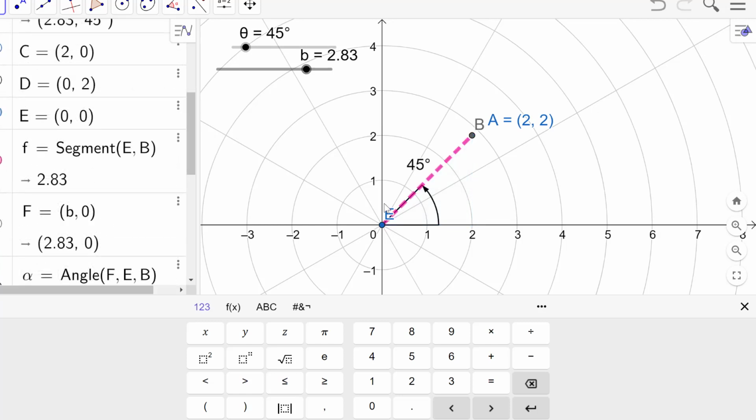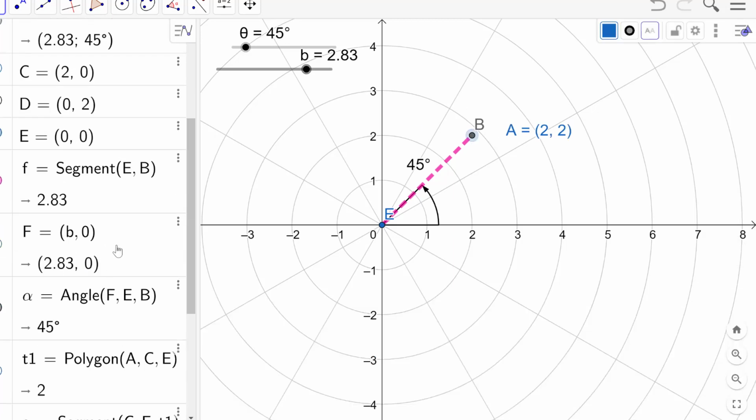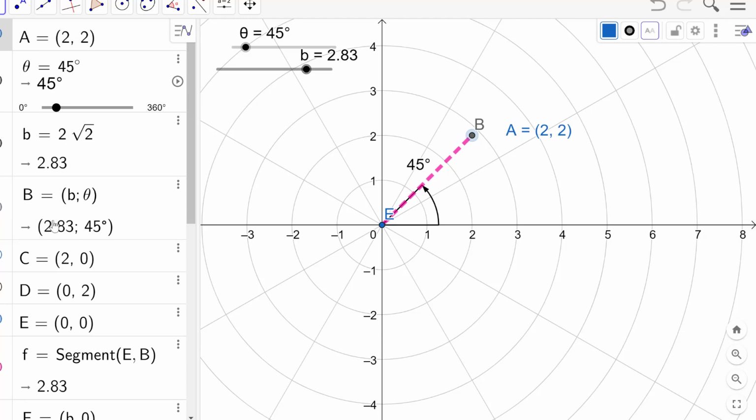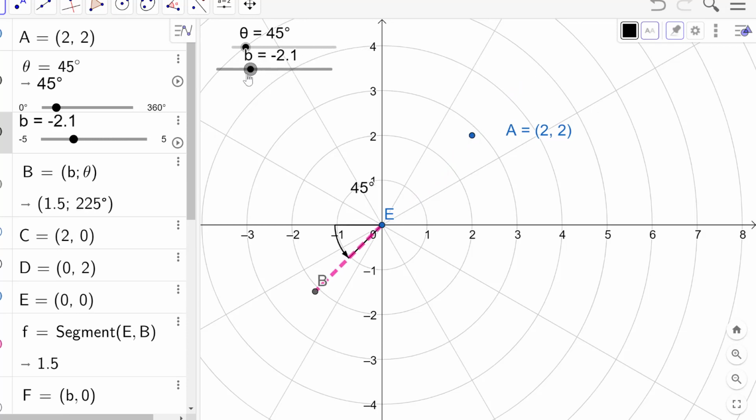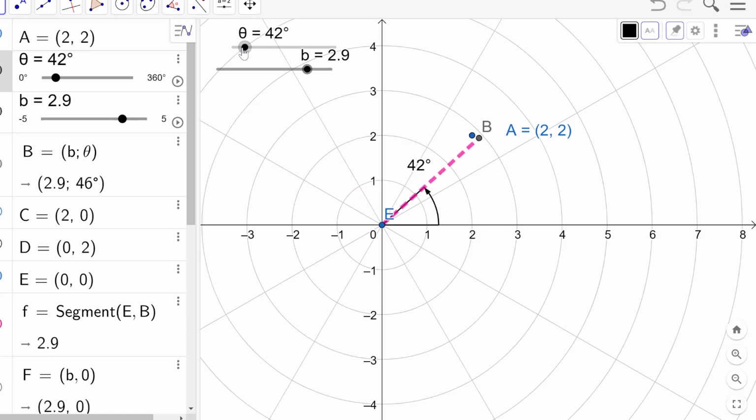So theta is 45 and r is 2 radical 2. The coordinates would be 2.83 comma 45 degrees, or pi over 4 radians. That's how polar units work. The first value gives you the length, and the second value gives you the angle. So polar units work in length and angles.